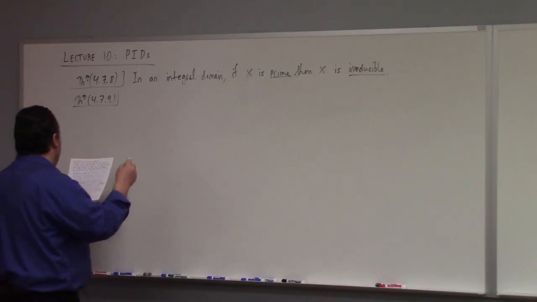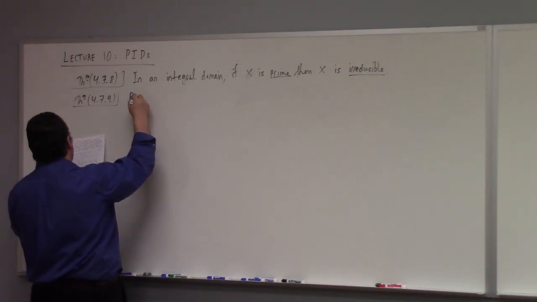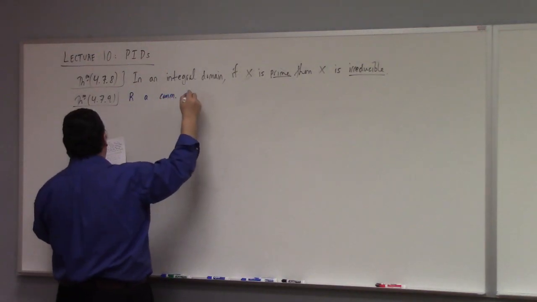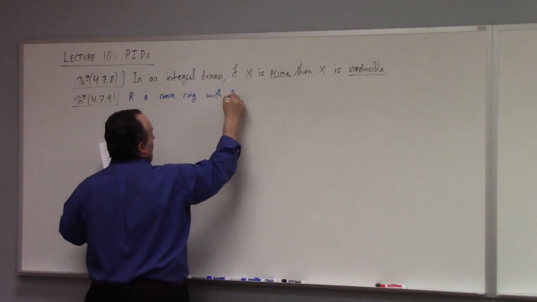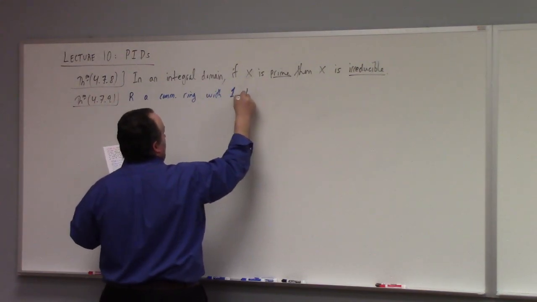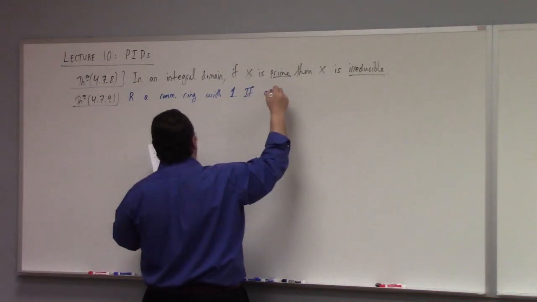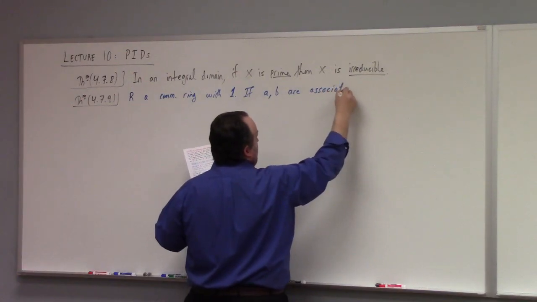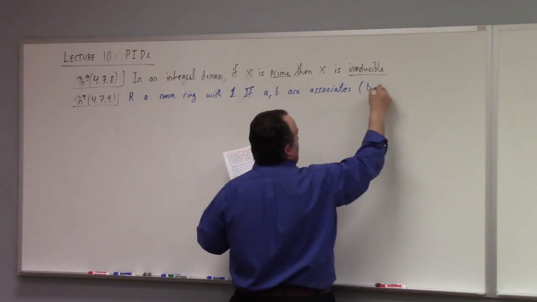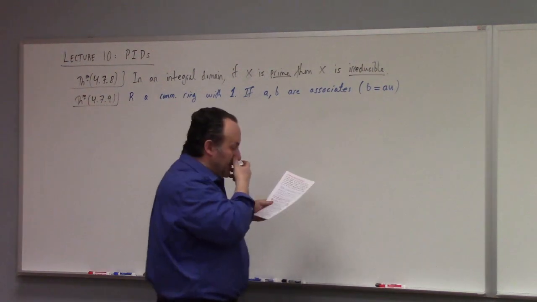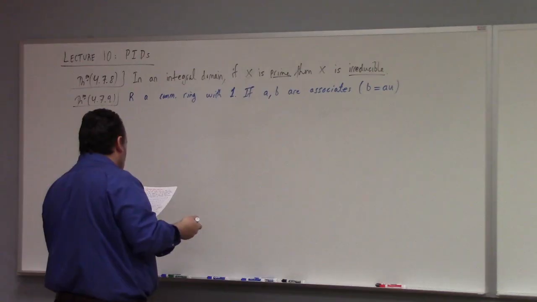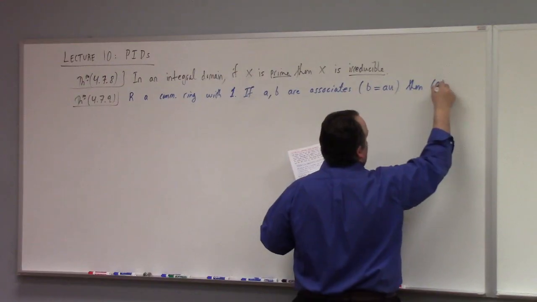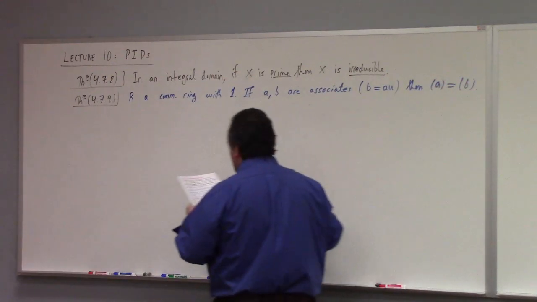All right, and then also, if we have R a commutative ring with 1, if a and b are associates, right, which means that we can find a unit u such that b is equal to au for some unit, right? That means they're associates. Then the principal ideal generated by a is equal to the principal ideal generated by b.